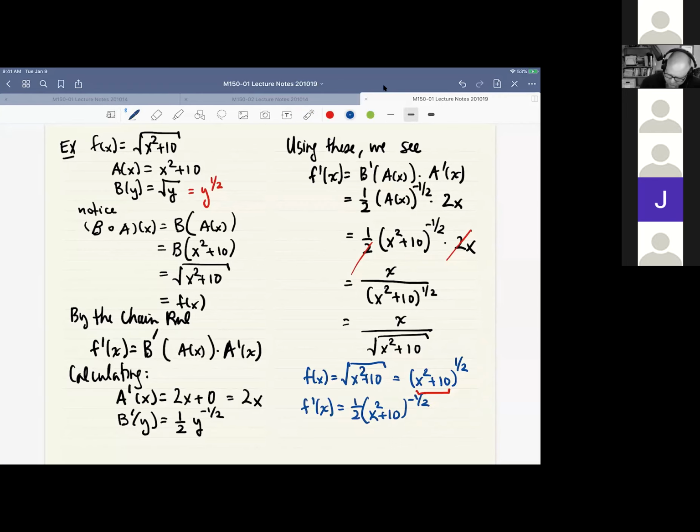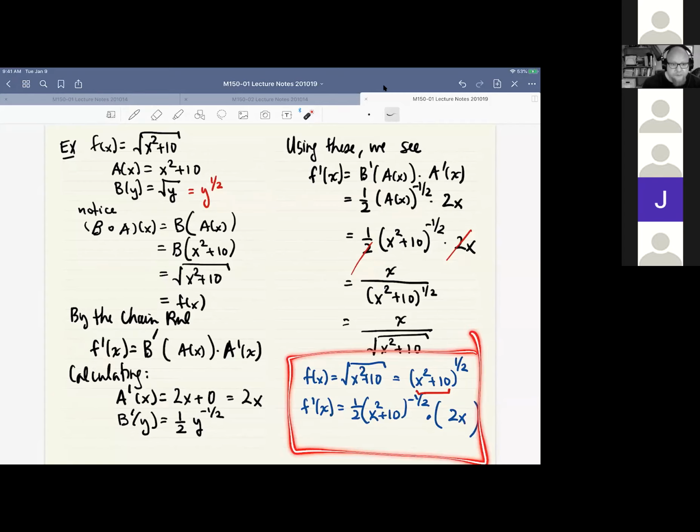And then the chain rule says, okay, now I've got to put the derivative of my inside function. And that's 2x. So pretty soon you're going to be able to look at these problems. After you've practiced them enough like this, you're going to be looking at them like this. And this is the same as that.